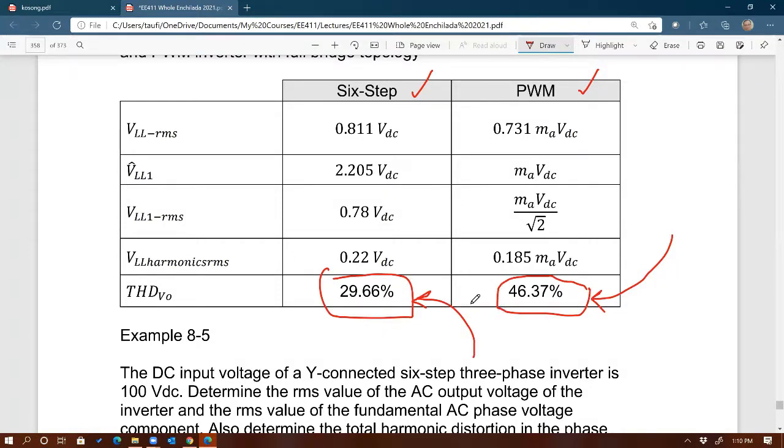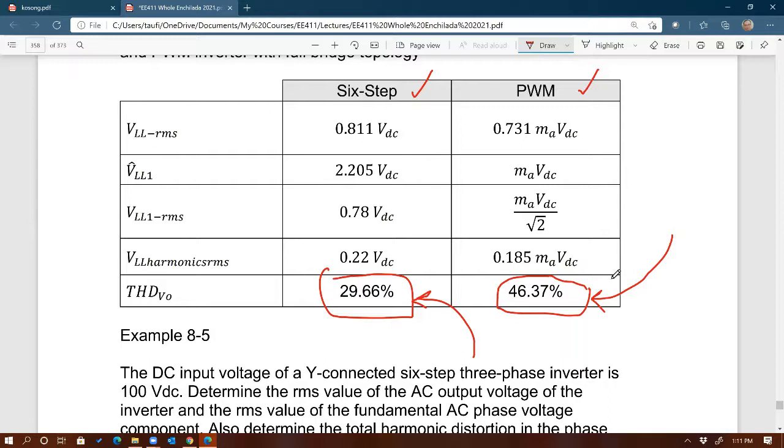So if you have not taken this class before, right away you will say, oh, 6-step is going to give us bad output voltage. Oh, sorry, not 6-step, PWM, because the THD of PWM is bigger than the THD of 6-step. If you have not taken this class, then you probably think that, oh, the THD of PWM is worse.